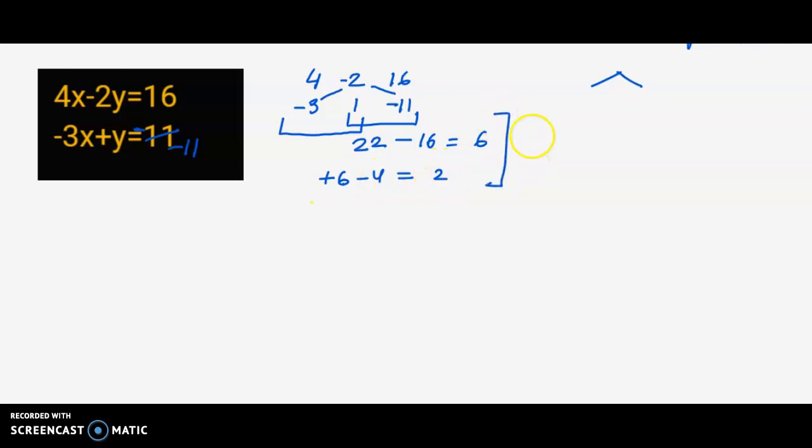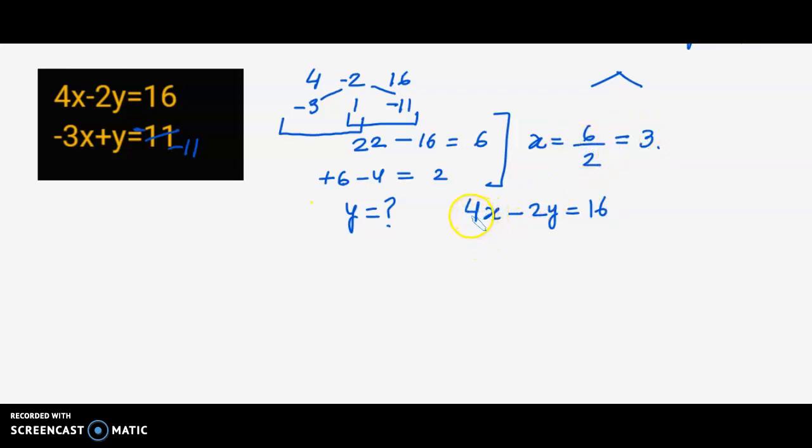So the value of x would be 6 by 2, that is 3. Now how to find y? In order to find the value of y, you just plug in this value of x in any of these equations. I have selected equation number 1, 4x minus 2y equals 16. X we have got 3.